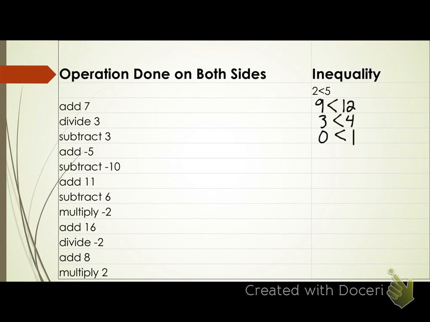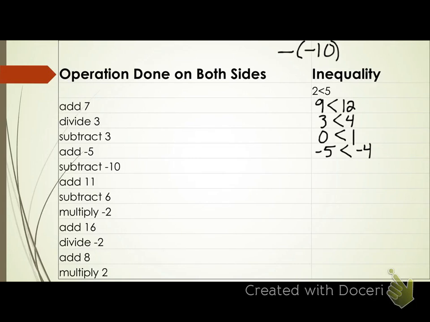Okay, let's add negative 5 to both sides. So what would 0 plus negative 5 give me? Negative 5. What about 1 plus negative 5? Negative 4. What would my inequality symbol be there? Still less than, right? Now let's subtract negative 10.